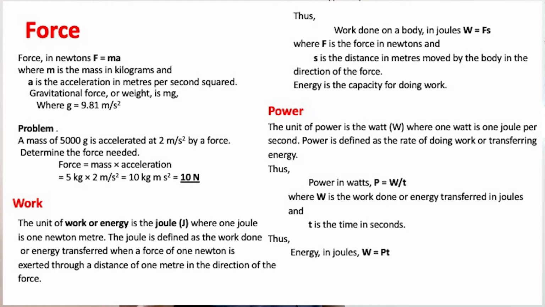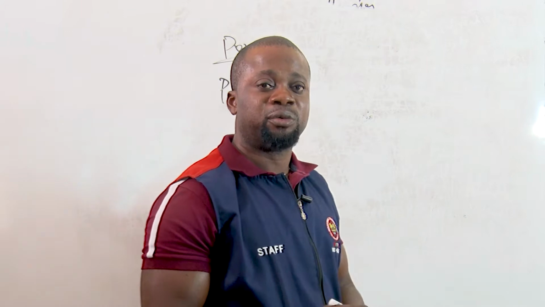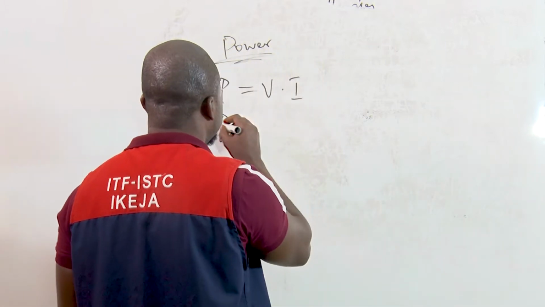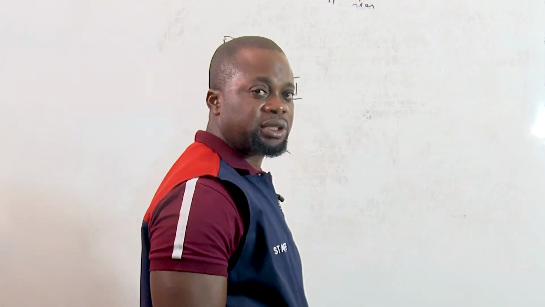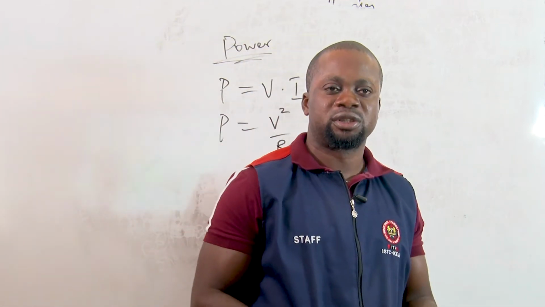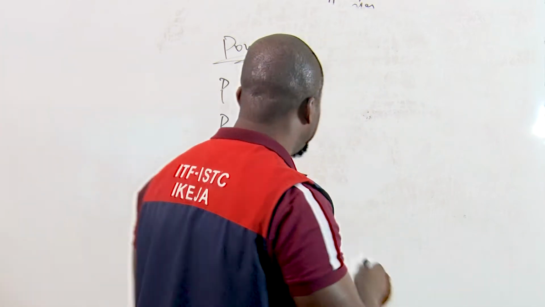Current. We have power in different mathematical representations. Power, voltage times current. We have power also as V squared all over what? R. And of course, we also have power in terms of energy in joules.